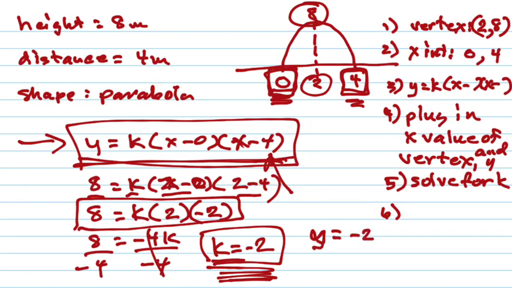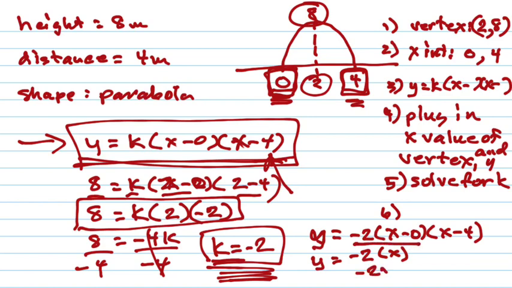We know our k is -2 times x minus 0 times x minus 4, and just multiply all that stuff out. So that gives you -2 times x, right? Times x minus 4. -2 times x is -2x squared. -2x times -4 is -8x.